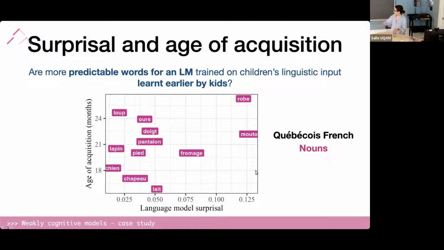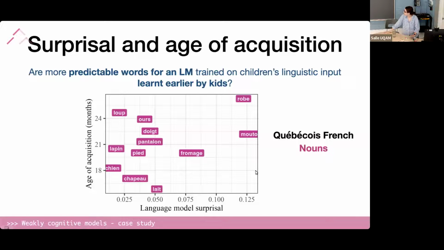At the bottom, you see lait, which means milk, the example I gave you earlier. Kids learn it super early, around 16, 17 months on average, and it has average surprisal, somewhere in the middle. Then we have words a little higher, like doigt, meaning finger, learned a little later, and then robe, learned even later, and so on. So you get some examples of what nouns look like.